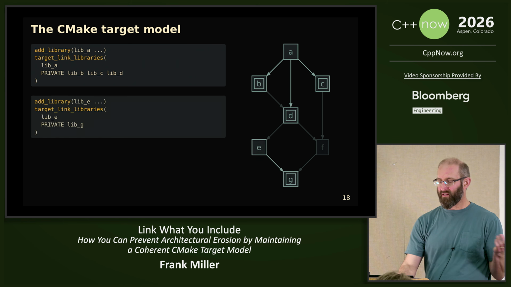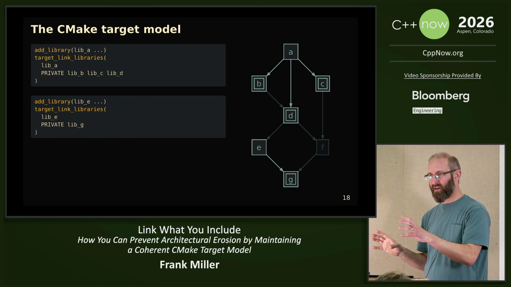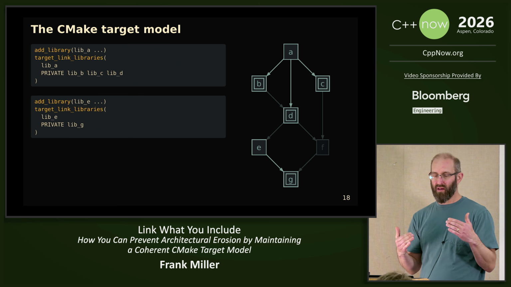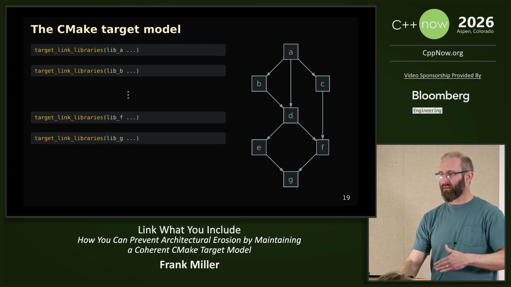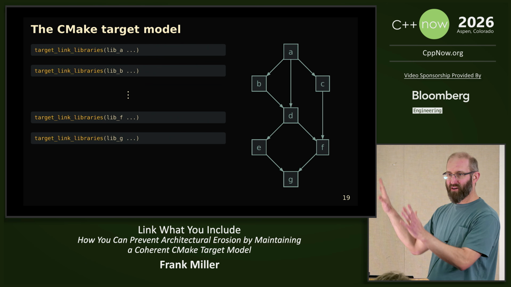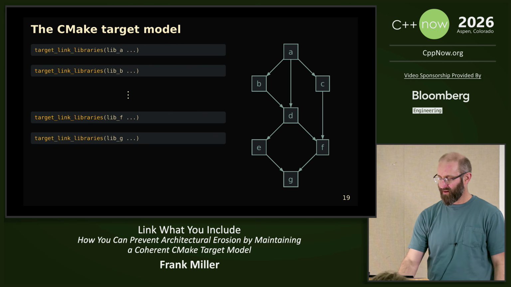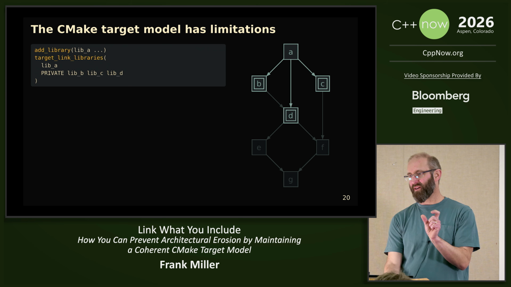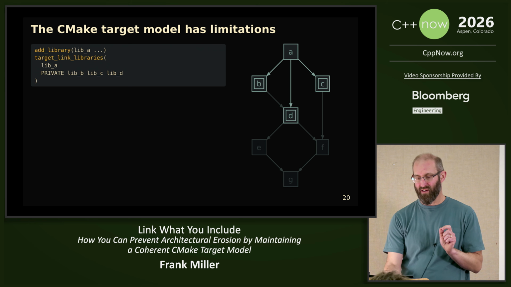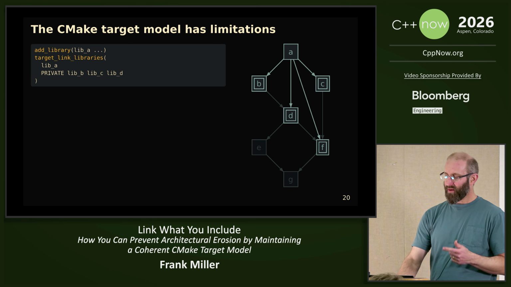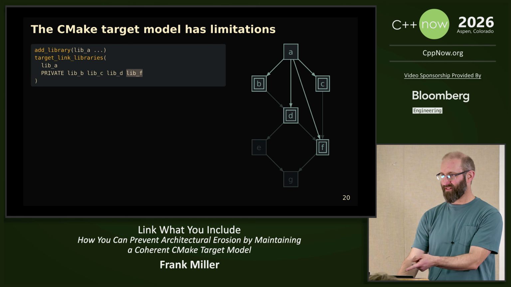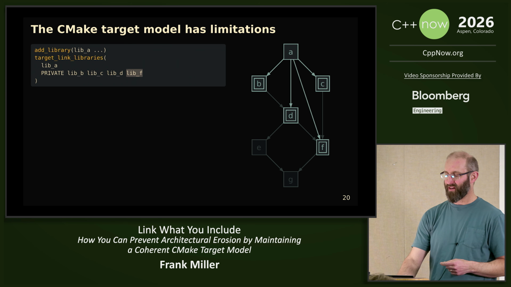And so if we look at another CMake file, it's another fragment of our dependency graph. So it's tempting to think that we can just, in our head, merge all these CMake files together, and then there's our dependency graph, right? But the CMake target model has limitations. So if we go back to this library and we add a dependency, we should add it to the CMake target link libraries, right?